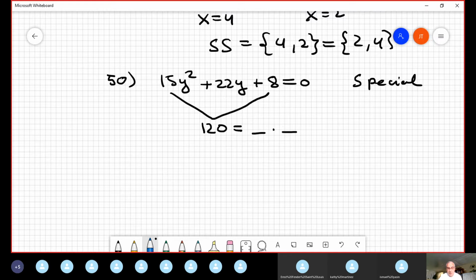Two numbers can multiply to give me 120, and when you add or subtract, give me 22. What is the combination? It's 12 and 10. 12 times 10 is 120, and 12 plus 10 is 22.